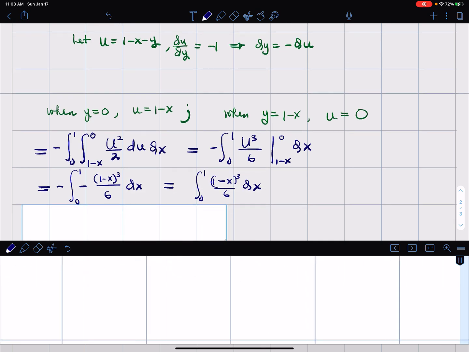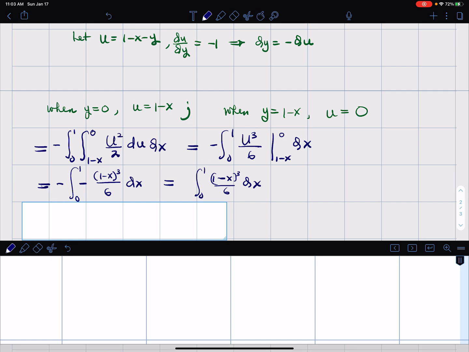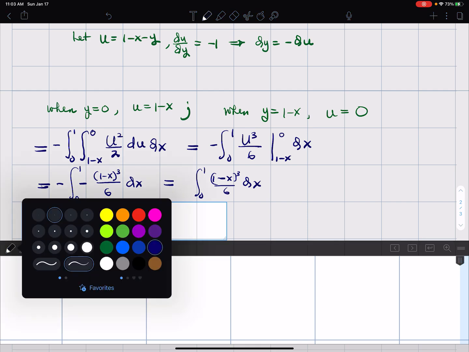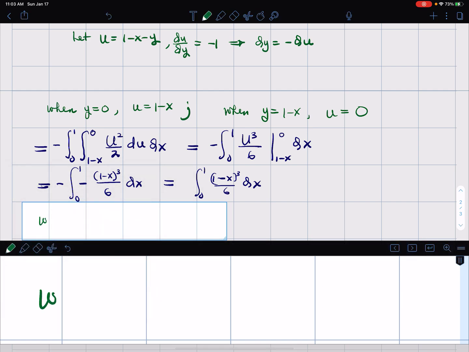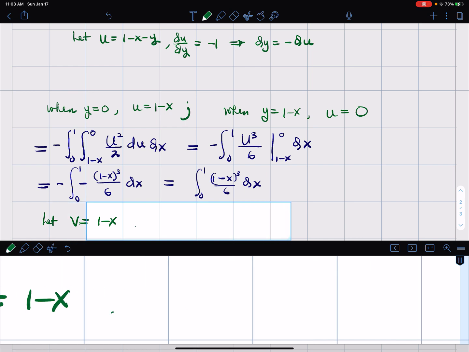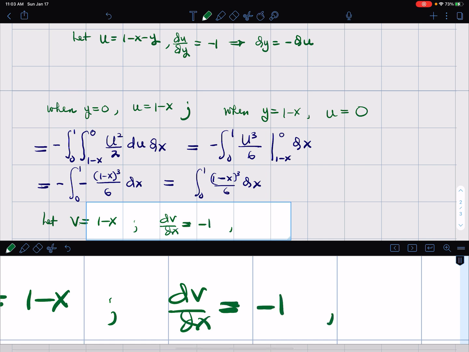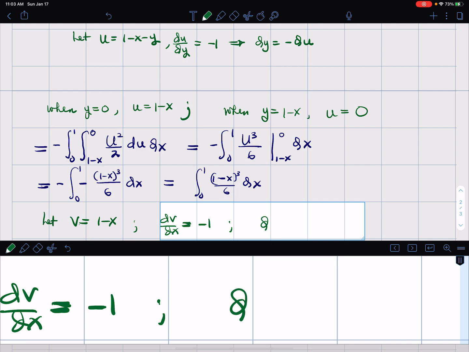So we can now do another u substitution. We can still call it u, or we can call it v. Let me call it v because we've used u. So we can say let v equals 1 minus x. So that dv dx is equal to negative 1, which tells us that dx is equal to negative dv.